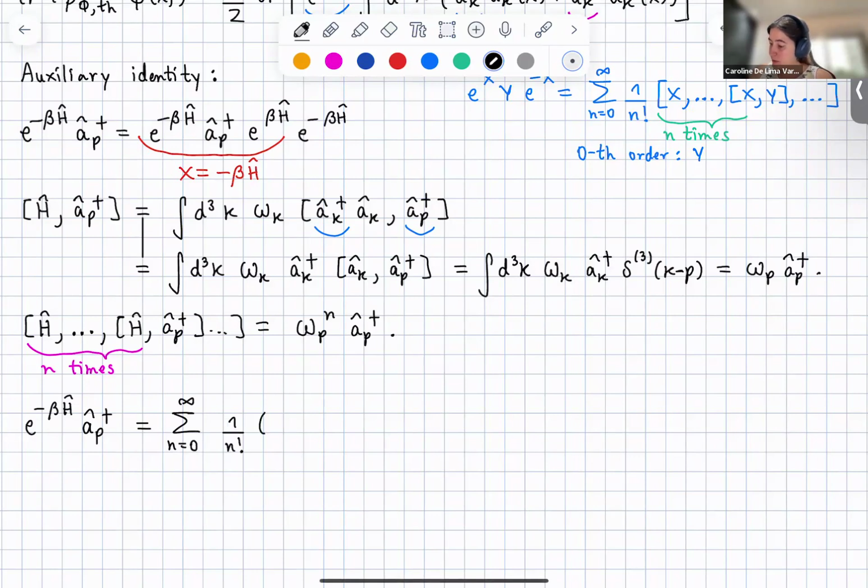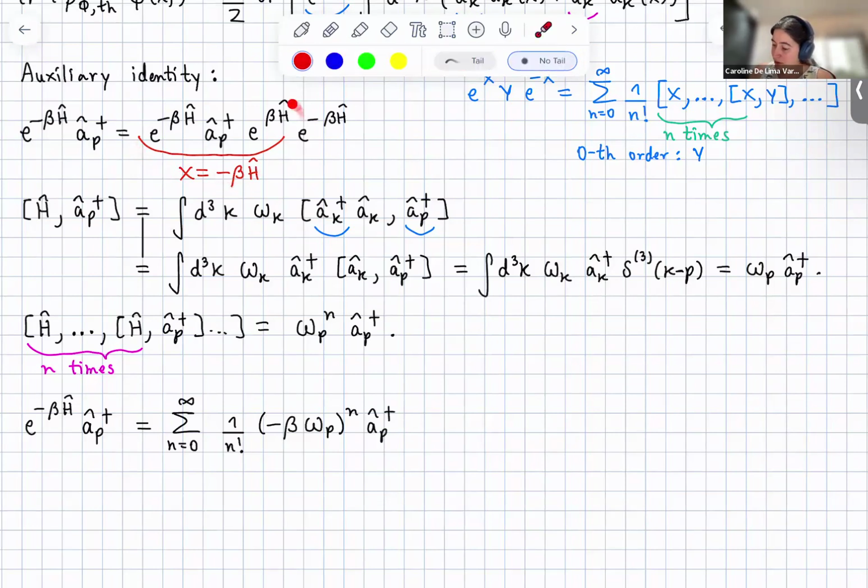And because what I selected out as x had this minus beta here, all the terms are going to have a minus beta to the power n, right? But also in each of these terms, I have omega p. So I'm always going to get a minus beta times omega p to the power n. And then for each of those terms, I also had AP dagger.